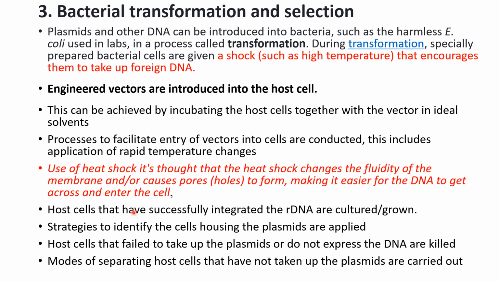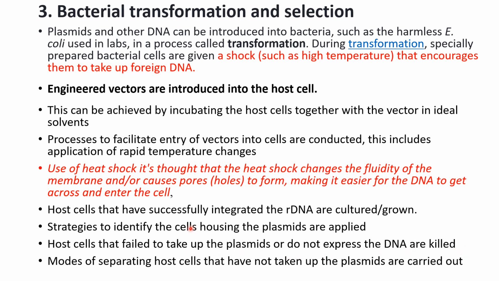Host cells that have successfully integrated recombinant DNA are cultured and grown. Strategies to identify cells housing the plasmids are applied. Of course, there'll be those bacteria that take up the plasmids, and those that do not. Host cells that fail to take up the plasmids do not express the DNA and are killed.